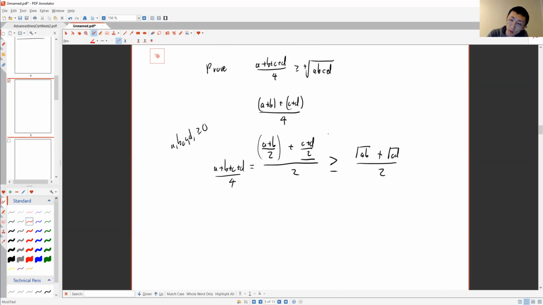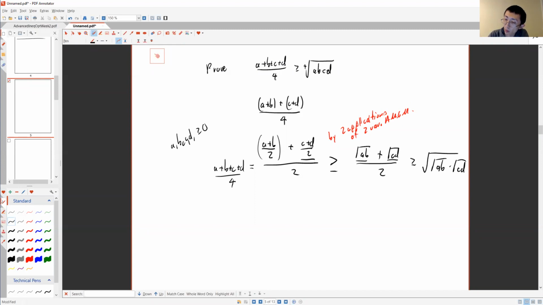So by 2 applications of 2 variable AM-GM. Yeah, right. Someone said we should now apply the 2 variable AM-GM on these two numbers. So this is bigger than or equal to the square root of AB times the square root of CD.